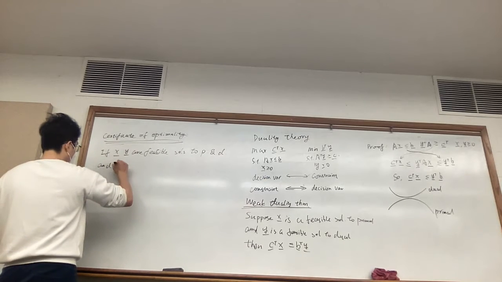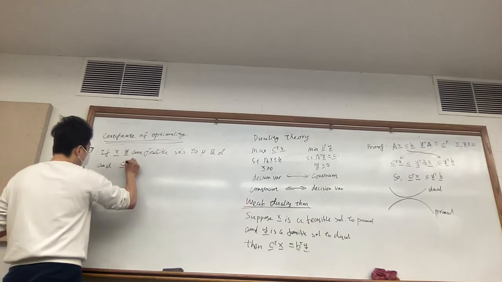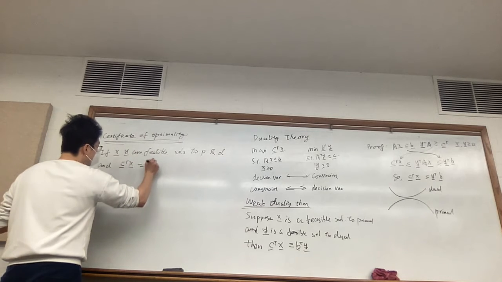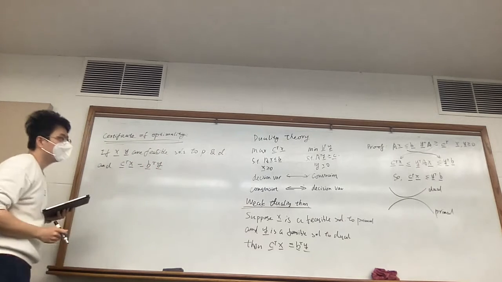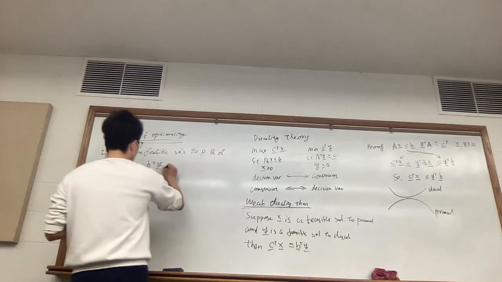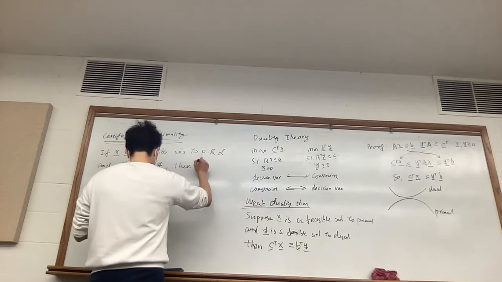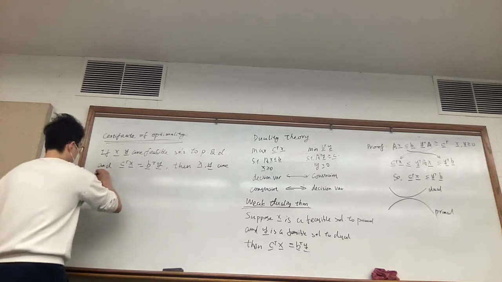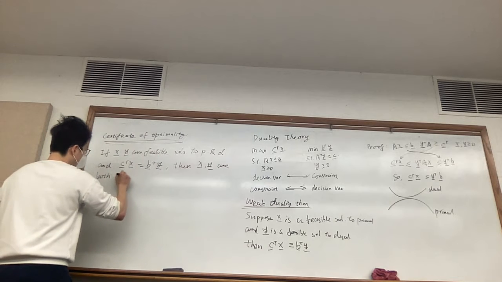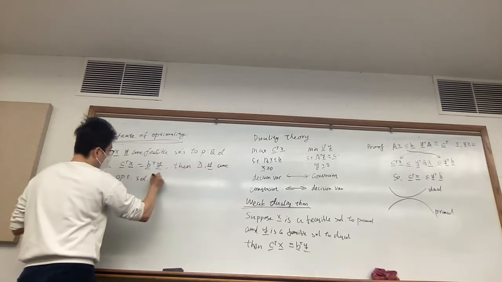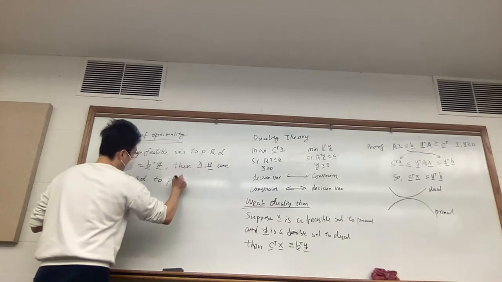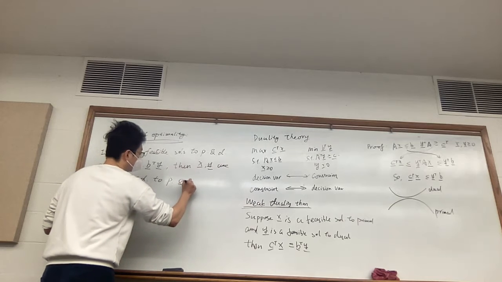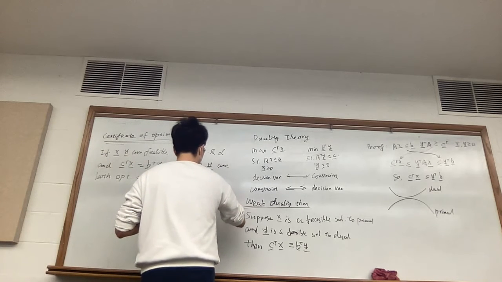Suppose further we have C transpose X equal to B transpose Y. Then we can say that X, Y are both optimal solutions to P and D, respectively.